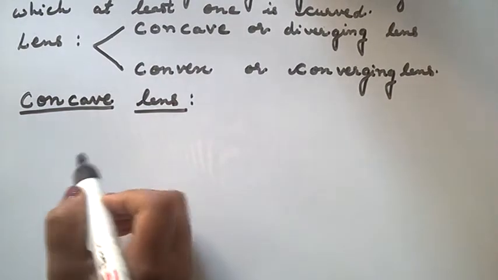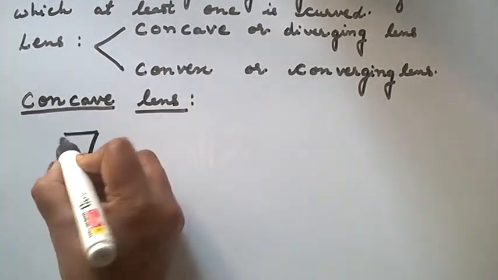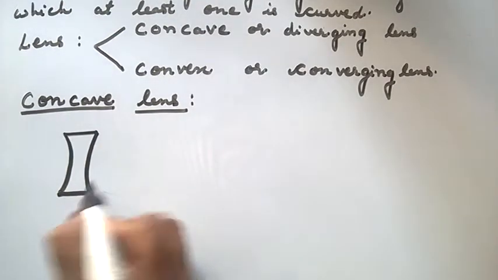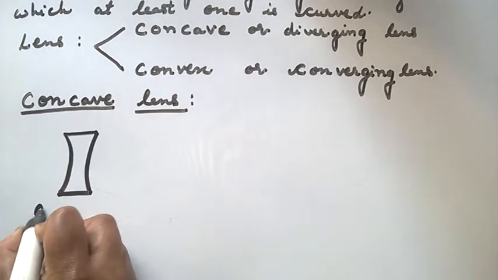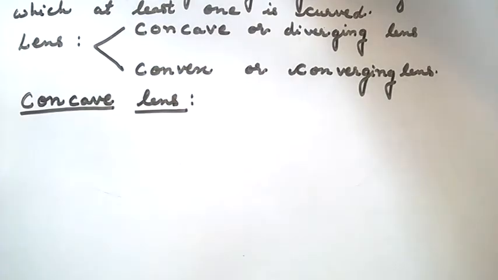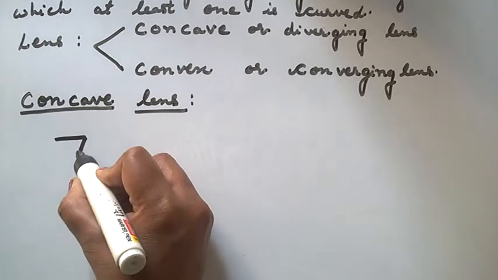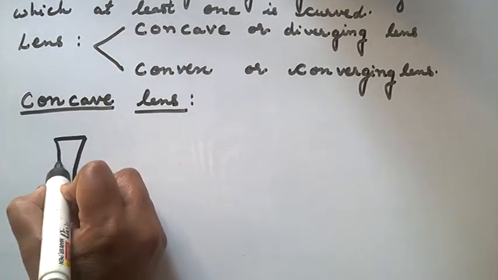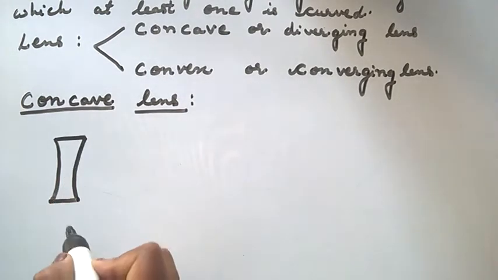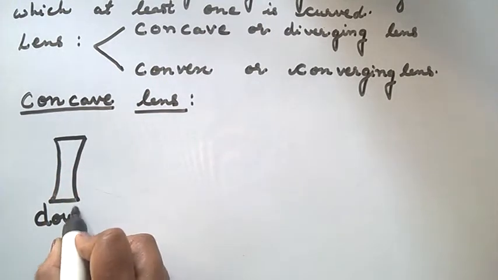Its central part is thinner than its edges, and if both the surfaces are curved or thin from the center, then it is known as double concave or simply concave lens.